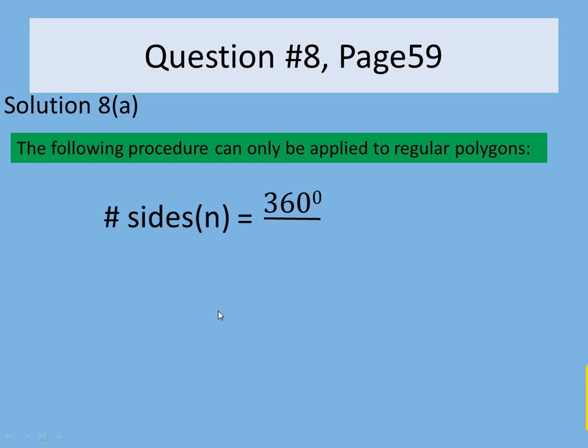Therefore, 360 degrees is the sum of all exterior angles of the polygon, and we understand that one exterior angle of the polygon is 20 degrees. Note that we said regular polygons. A regular polygon means that all the sides of the polygon and all the angles of the polygon are equal.